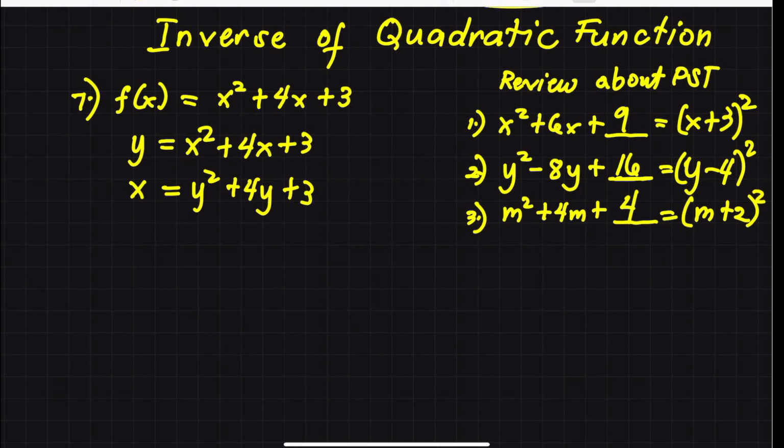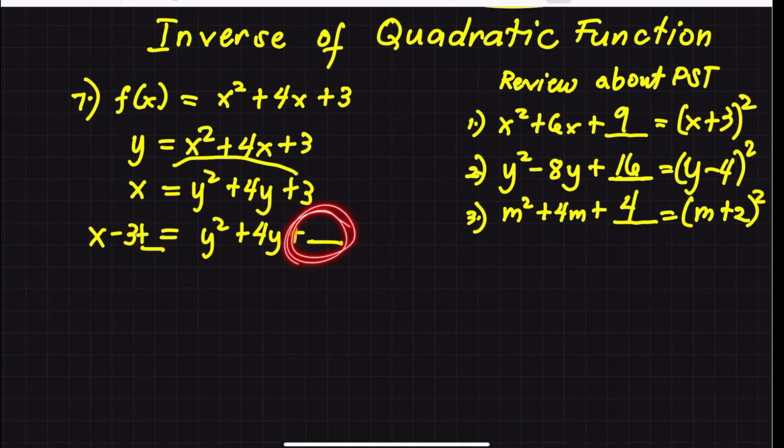Ilipat natin yung 3 dun sa kaliwa. So, magiging x minus 3 equals y squared plus 4y plus blank, plus blank on the left. Kung magdadagdag ka sa kanan, magdadagdag din tayo sa kaliwa.